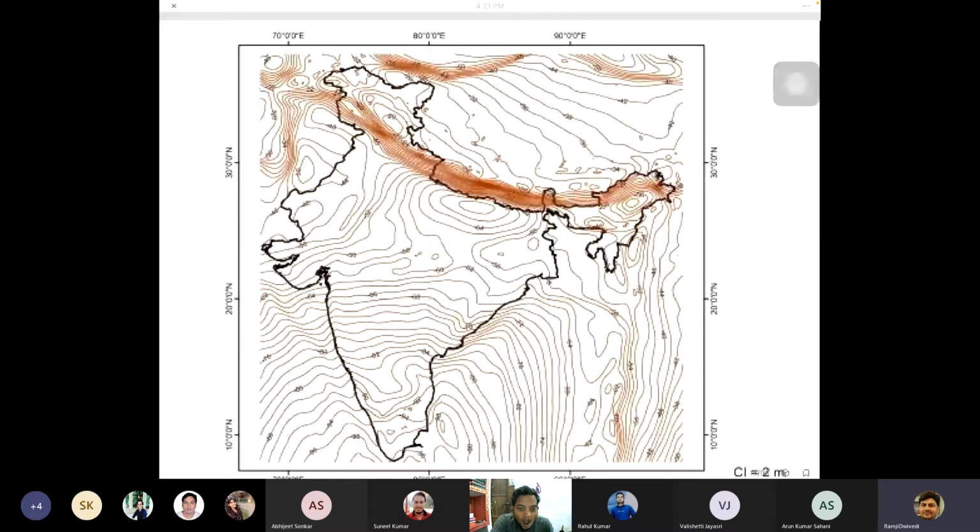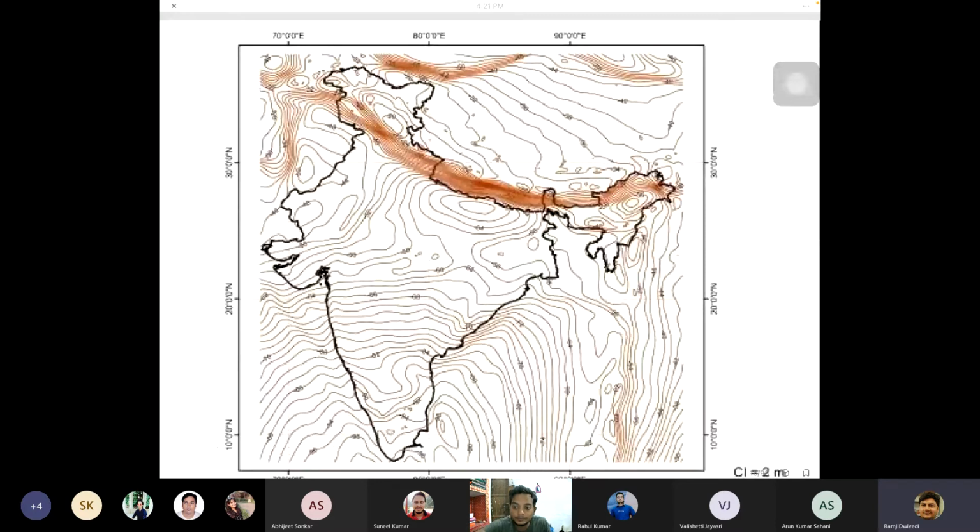This is a very good picture, which you should first try to have a look at. This is the geoidal undulation that has been prepared for our country, and you could realize from this that the contours are prepared at a 2 meter interval, and from the coastal boundaries up to the Himalaya, the contours are prepared. The density of contours, that means the nearness of one contour to another, represents the topography, the height variation.